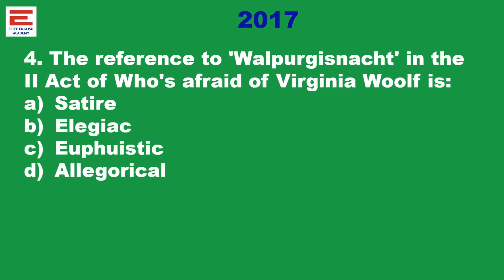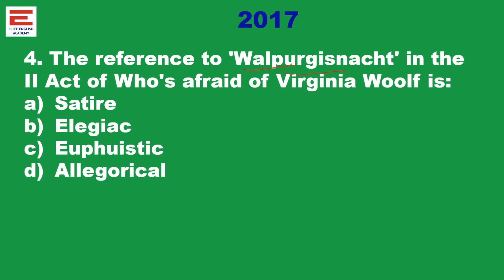So first you have to understand the meaning of Walpurgisnacht. If you know this meaning, definitely you can answer this. Actually, it is like an elegant Elizabethan literary style marked by excessive use of balance, antithesis, alliteration.